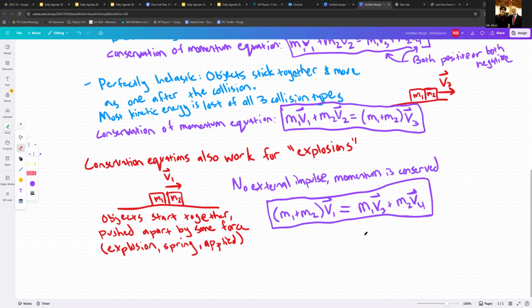So it works just the same. All of these conservation of momentum equations for collisions and also for explosion type problems just say that the momentum at the beginning, before the collision or whatever happens, is the same as the momentum at the end.